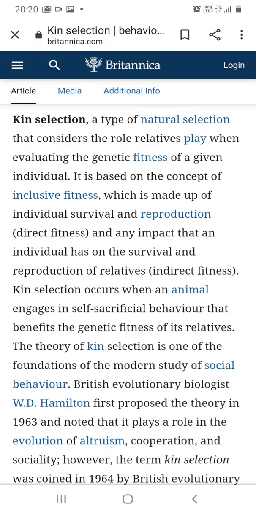So this behavior is based on the concept of inclusive fitness, which is made up of individual survival and reproduction, and any impact that an individual has on the survival and reproduction of relatives. Kin selection occurs when an animal engages in self-sacrificial behavior that benefits the genetic fitness of its relatives.